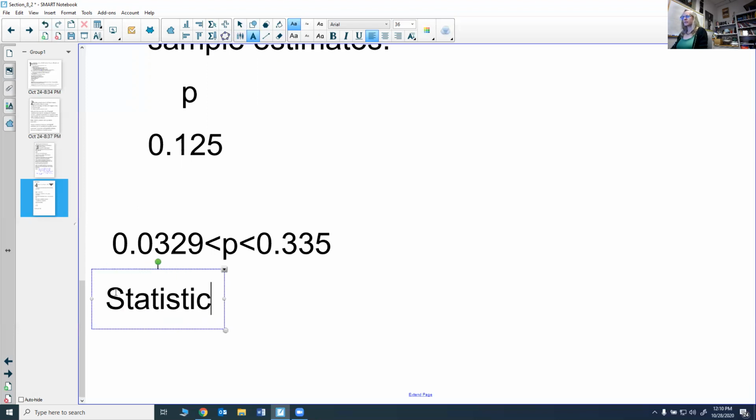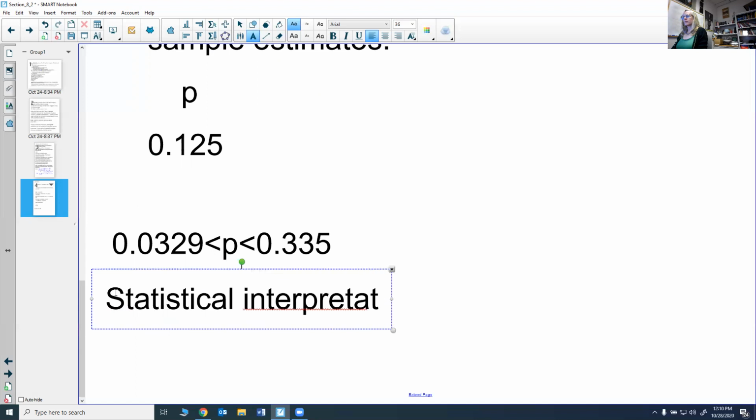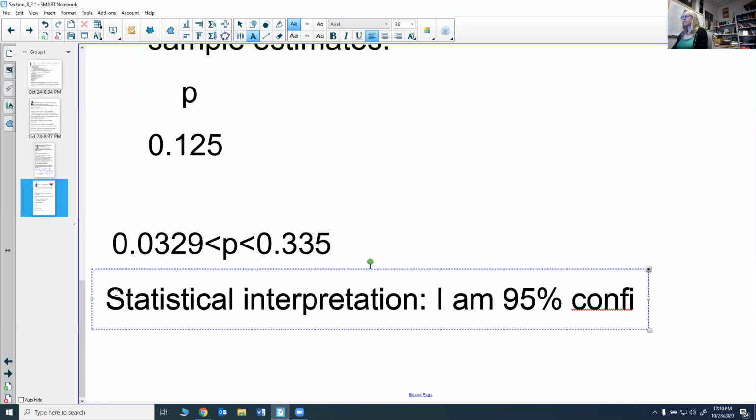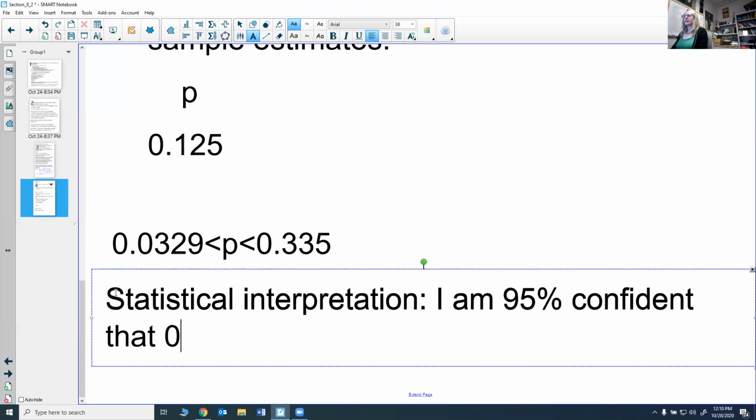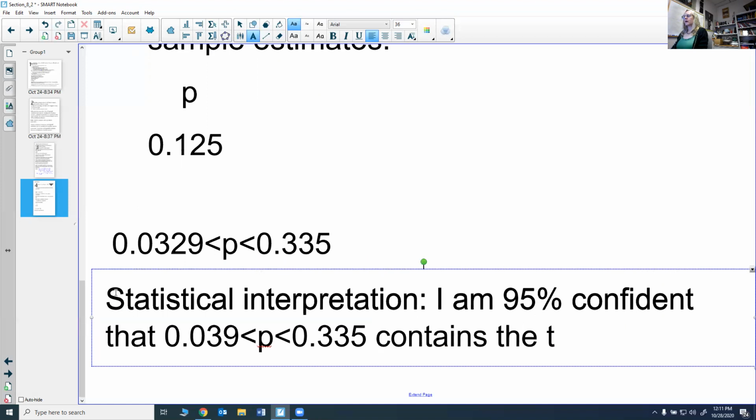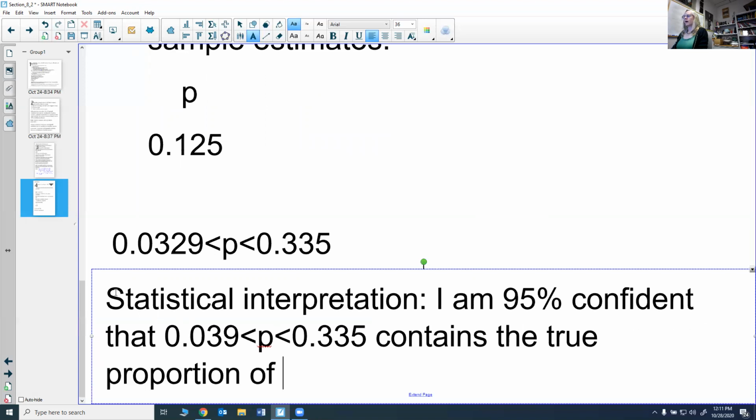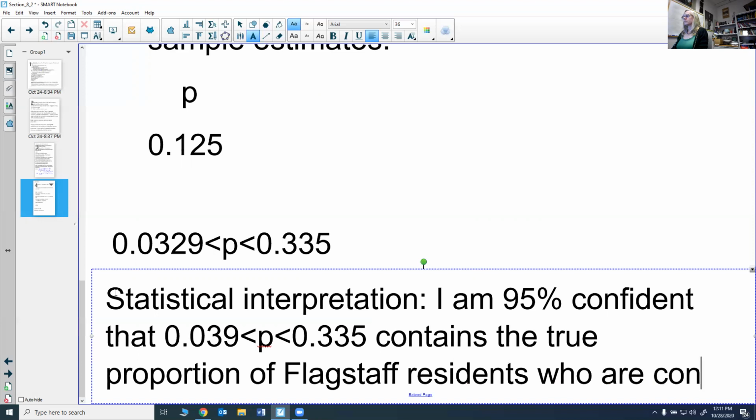So my statistical interpretation is that I am 95% confident that the interval 0.0329 is less than P is less than 0.335 contains the true proportion of Flagstaff residents who are considered healthy.